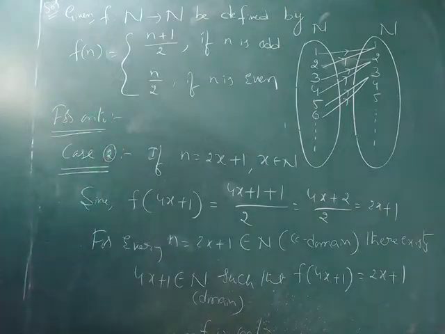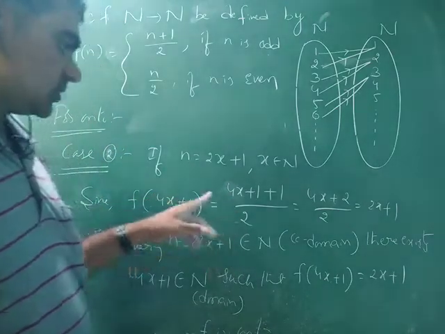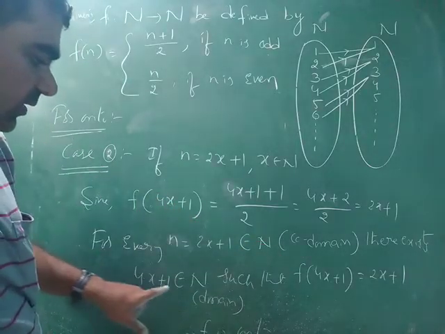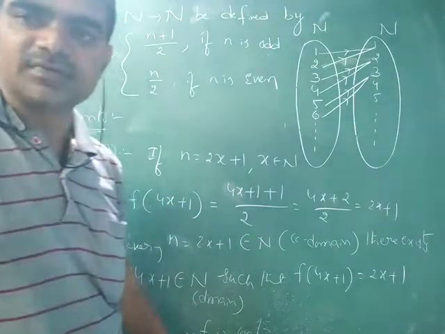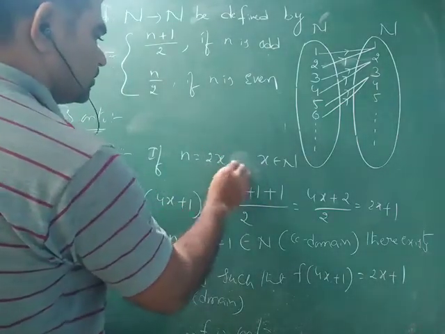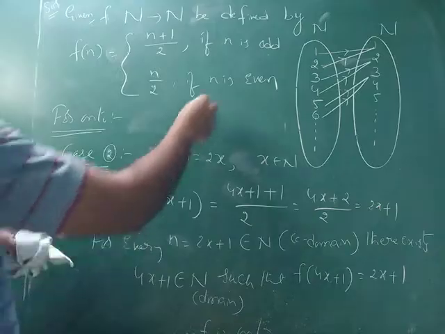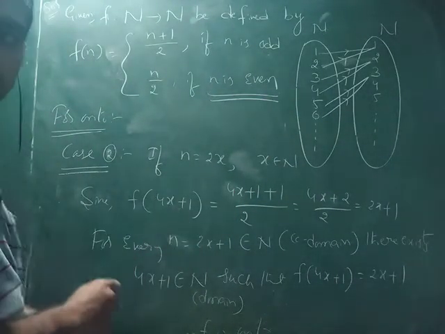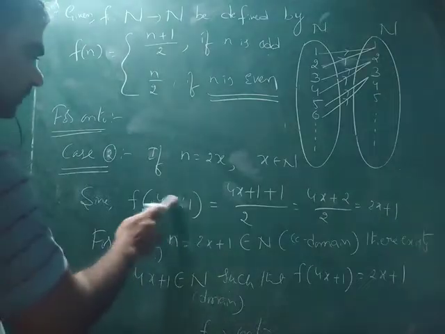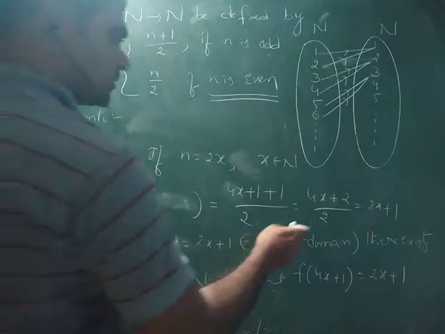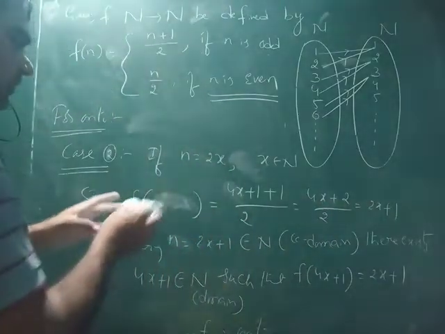Next, case 2. Observe all of you. Suppose we take n equal to 2x. Case 2 is for even. n equal to 2x. How much will we get for f of 2x? 4x, right?